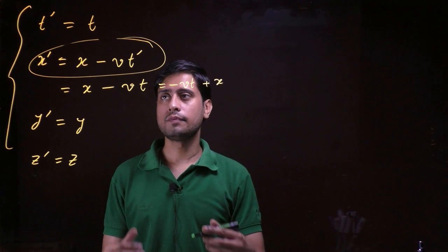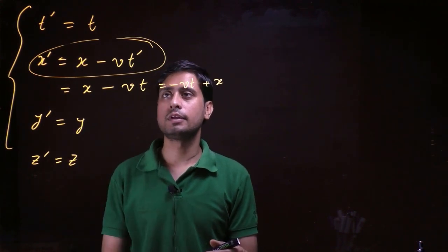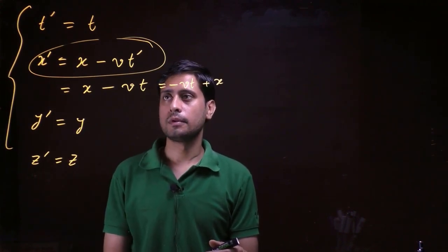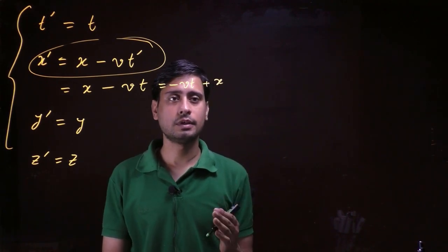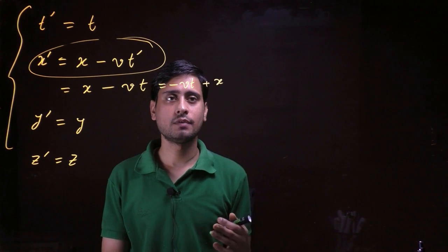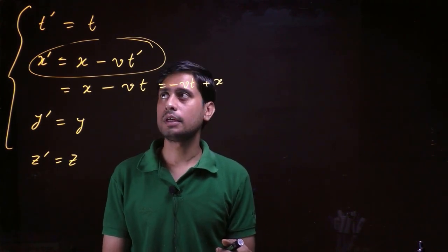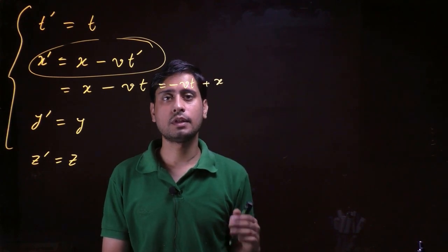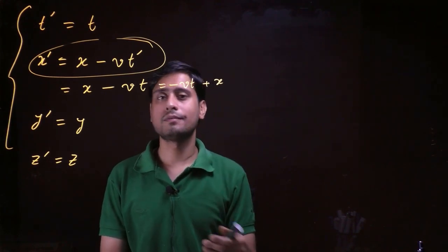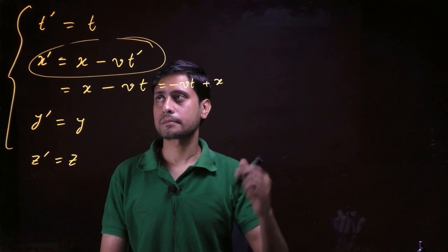So now we will differentiate these equations with respect to time. With respect to S observer, the time is t, so he will differentiate everything with respect to t, and you know that t and t prime are the same, so differentiating with any of the t's will be the same.